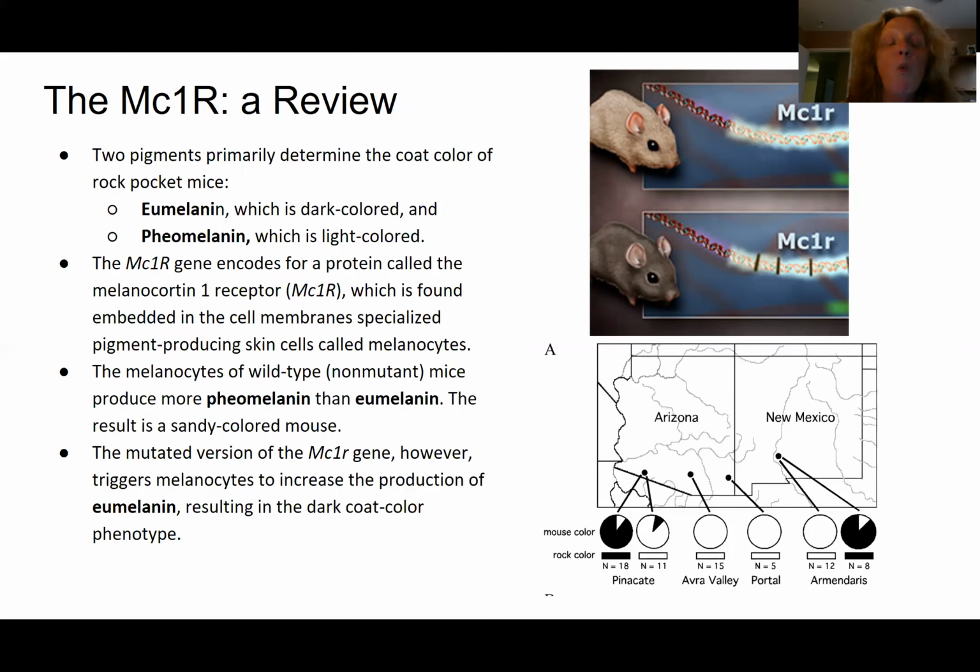The melanocytes of wild type, when you see the word wild type, it's kind of funny. You think that's the bizarre one. Wild type is just the non-mutated. That's what would be normally expected. Those are going to produce the phaeomelanin more than eumelanin. That would result in a sandy colored mouse, okay? The mutated version, on the other hand, will trigger the melanocytes to increase the production of the eumelanin and result in a dark colored coat phenotype. Whew, don't worry. It doesn't matter to me if you can't pronounce these, I'm not gonna know.